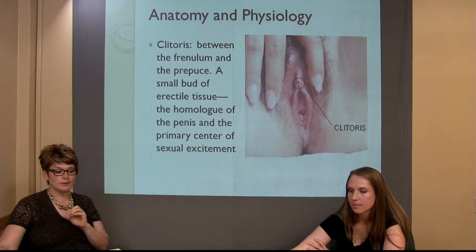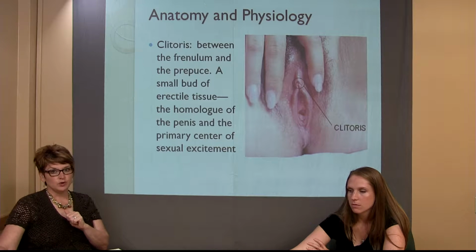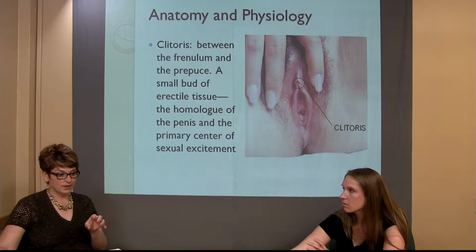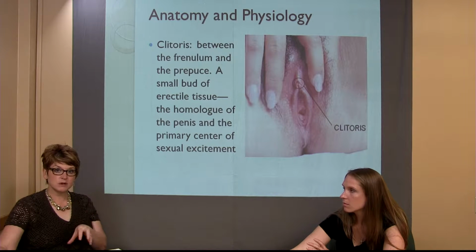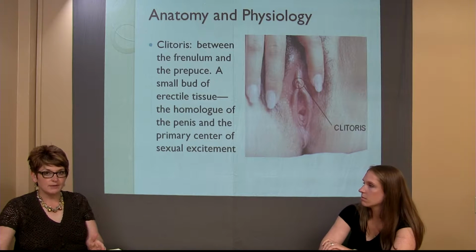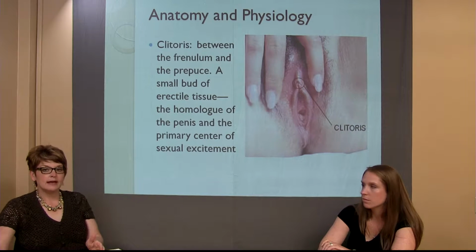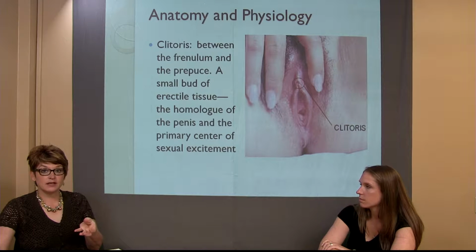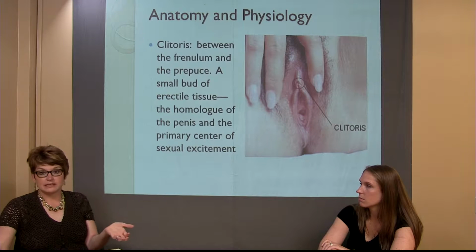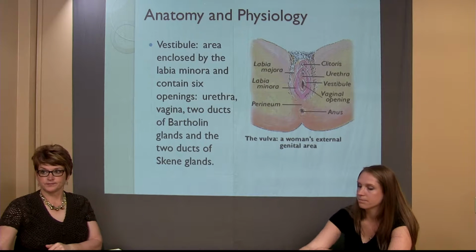And so this is the primary sexual excitement center for females. And if you'll recall, we are all not made just like the books or the graphic images represent us to be. And so some women will tell you that they never really achieve sexual excitement during vaginal intercourse. And if their clitoris isn't being stimulated during vaginal intercourse, that would explain why.